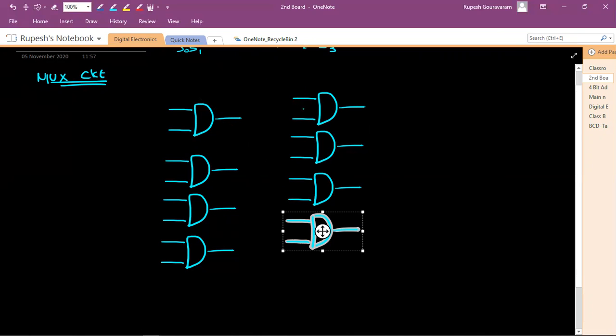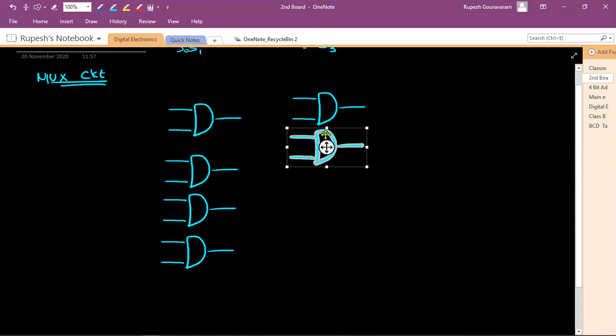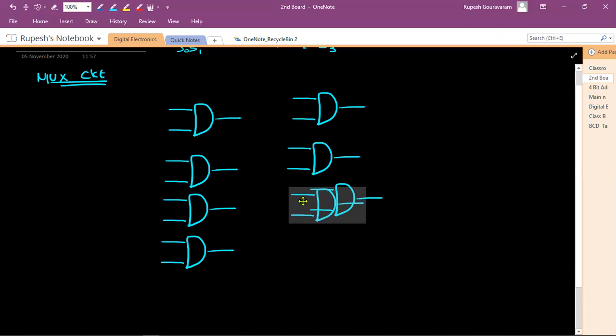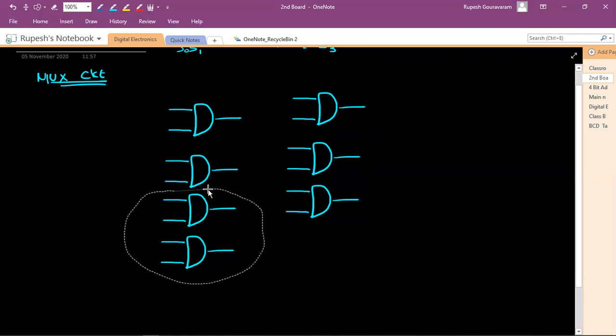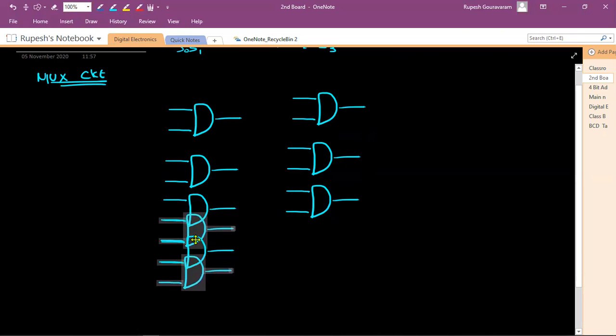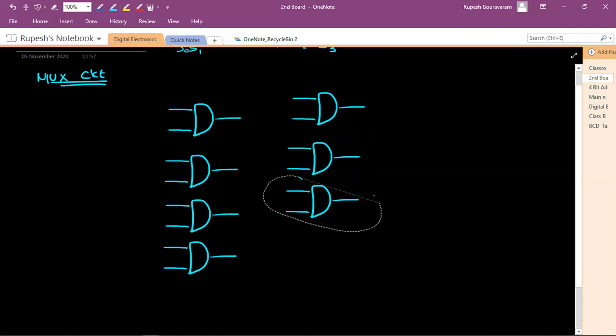So let us see what they are. Okay, so these are the inputs.